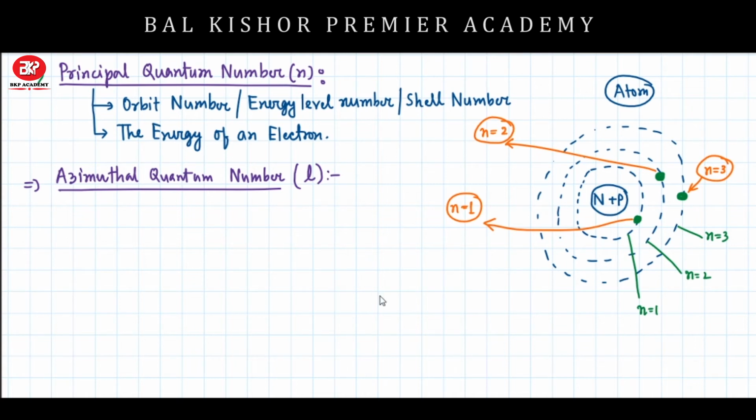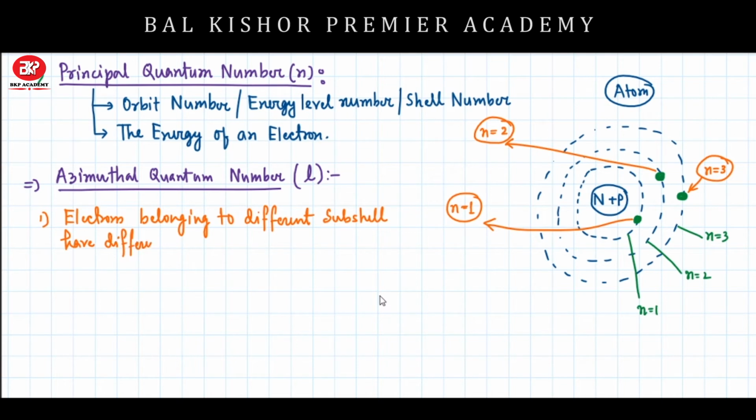So we can say the first point here: electrons belonging to different subshells have different boundary surface plots. That's why the subshells are different.